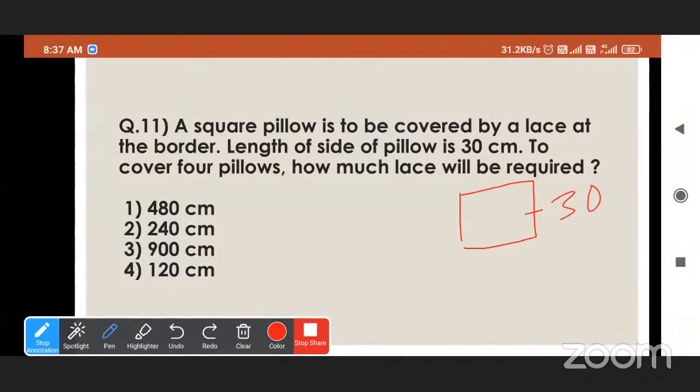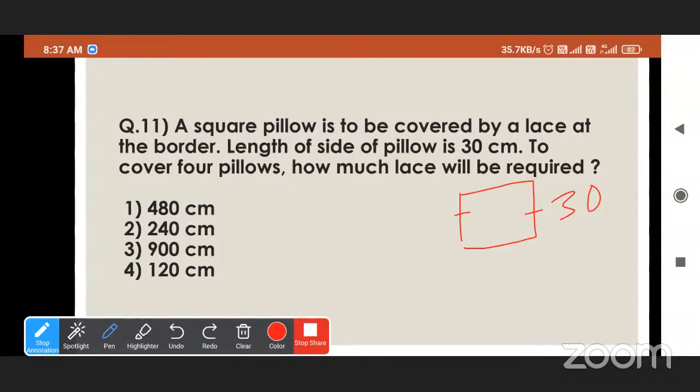So how much lace will be required to cover the one pillow? To find out the length of lace, 120. 120 for one pillow or 4 pillow? One pillow. So we have to find out the lace for 4 pillows.